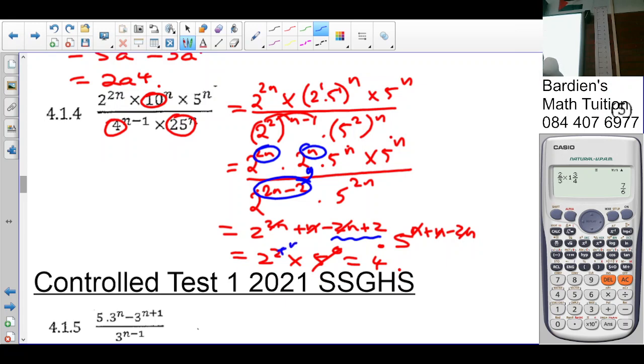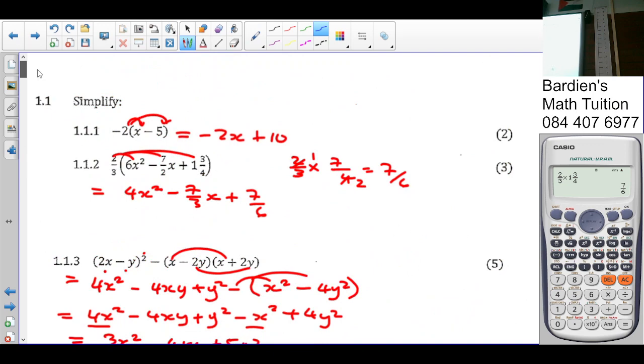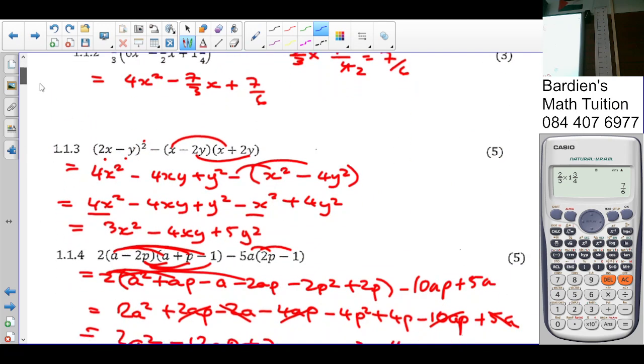So it must be plus n there. Then it's going to be 2 to the n plus 2. Just check there quickly. You're absolutely correct. So you need to check something quickly. Yeah, that's correct.